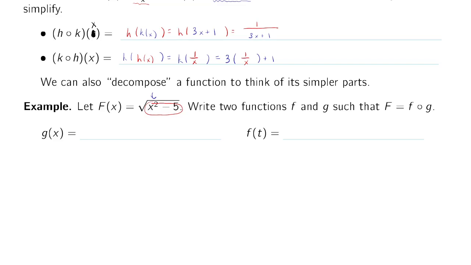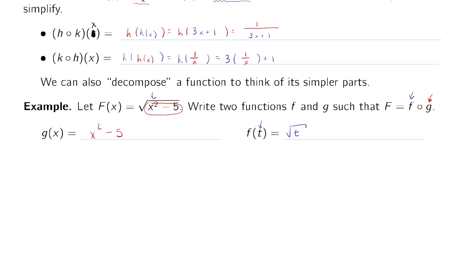And I think that the obvious way to look at that is as a square root function applied to x squared minus 5. So I think that this is most easily understood as the inside function, which here I've labeled g, is x squared minus 5. And then the outside function, which here I've labeled f, is take the square root of its input.